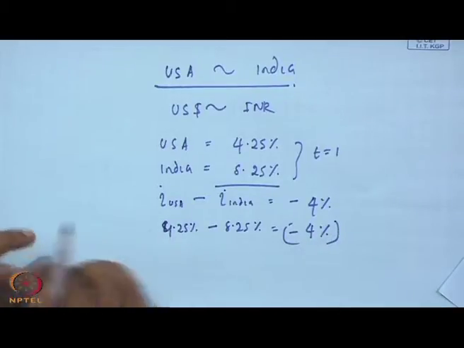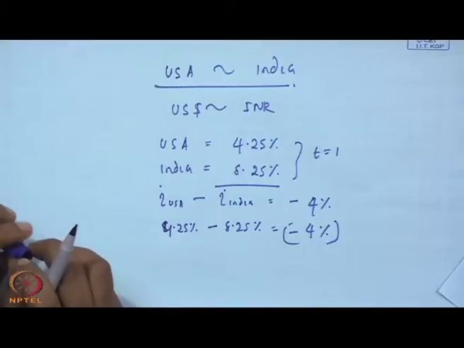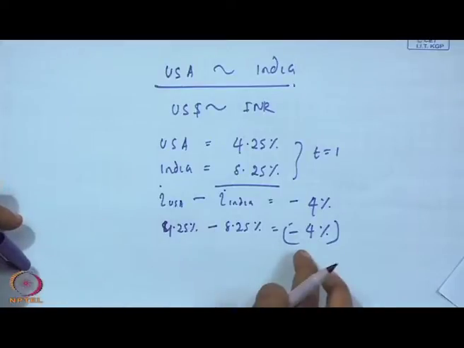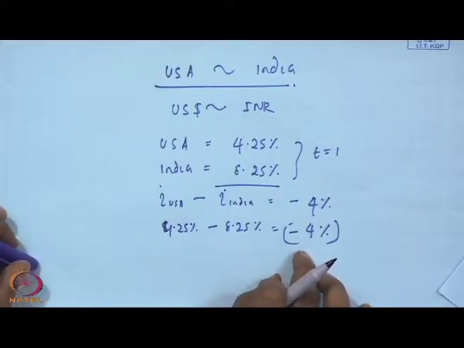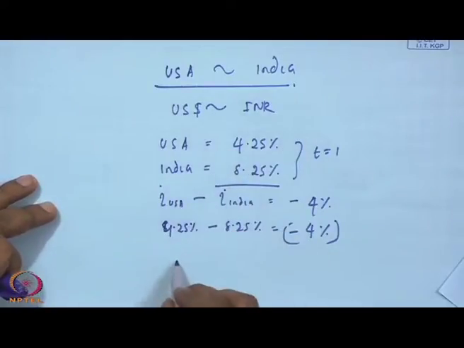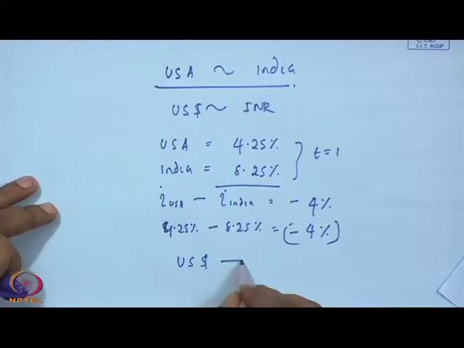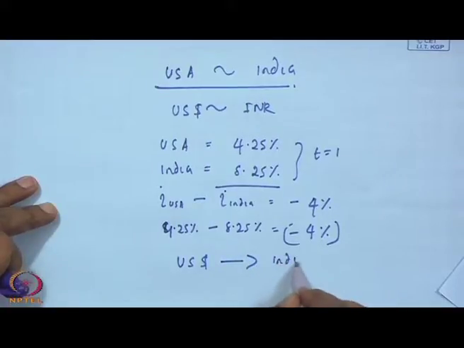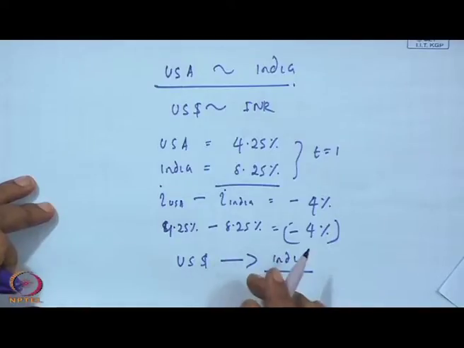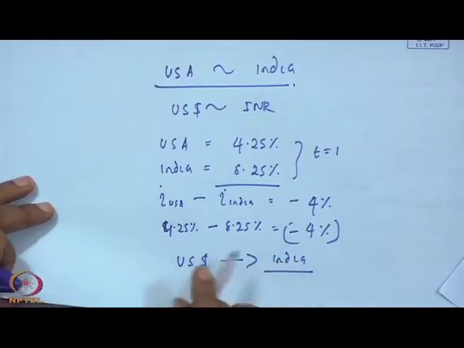That means it is better to borrow from US and invest in India to get the interest rate differential of 4%. And this 4% differential interest rate leads to movement of currency, that is, US dollar will flow to India to take advantage of what is called the arbitrage profit, arbitrage available here.